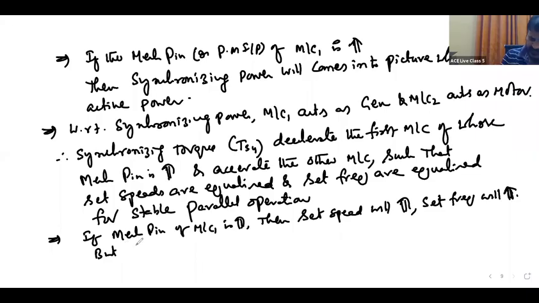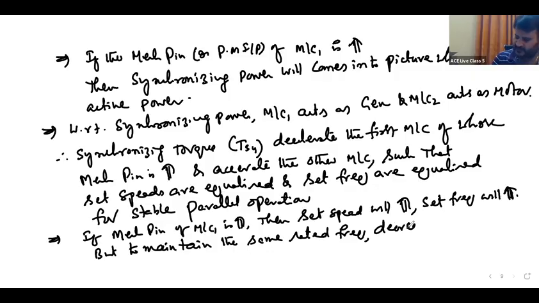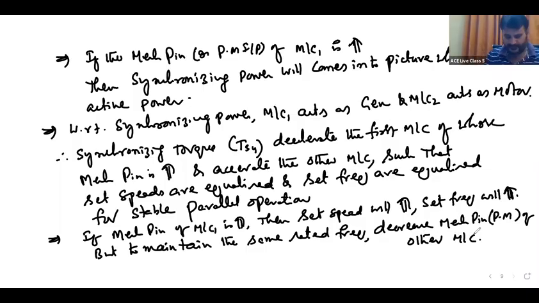But if you want to maintain the same rated frequency, decrease the prime mover input or mechanical power input of the other machine. Okay, these are the conclusions. Now forget about the numerical values; I have taken the numbers just for explanation.